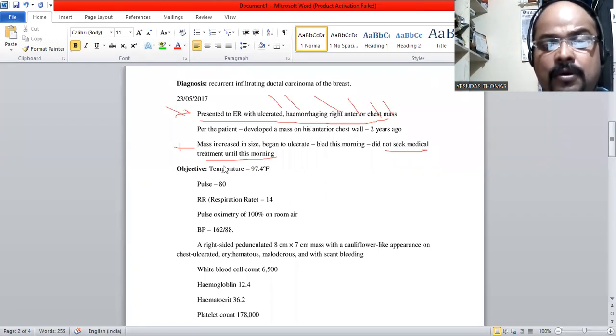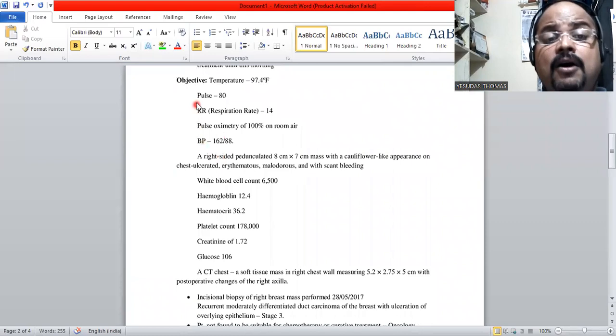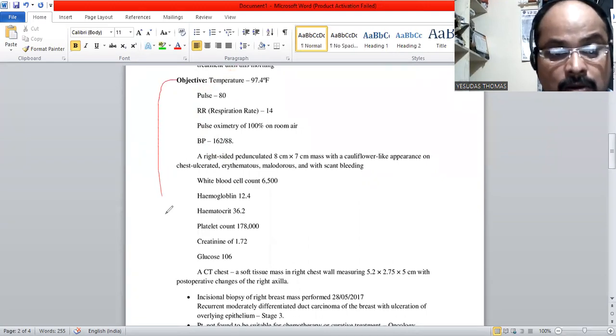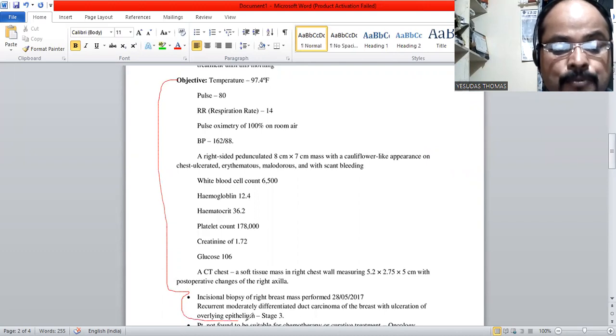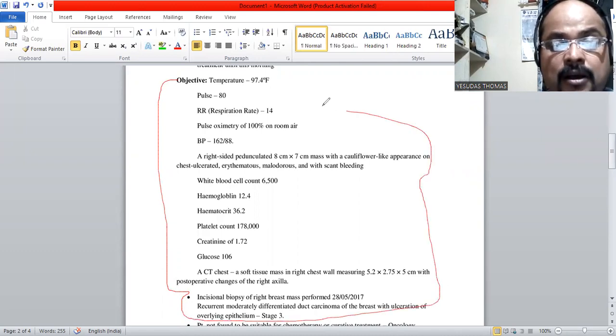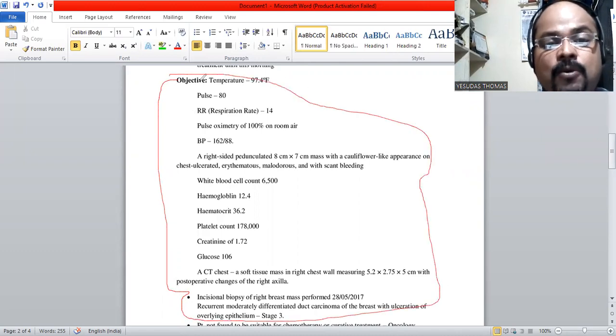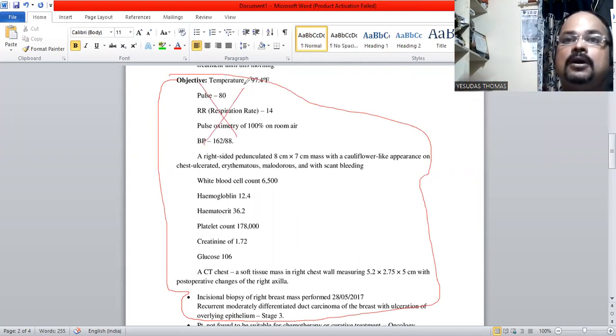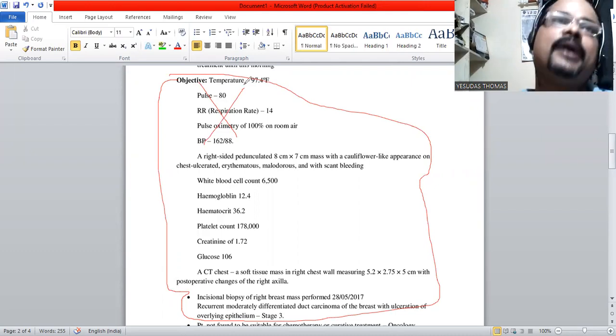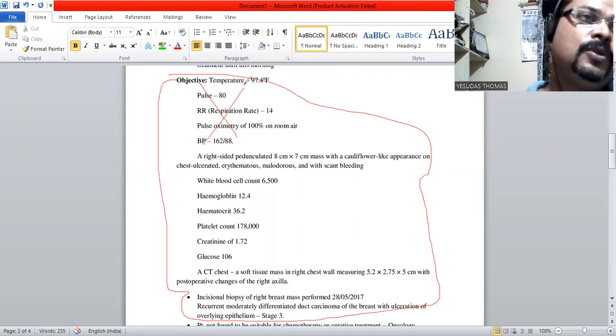Now, we have our investigations and assessment. Up to this point, yes, we have assessment. You have vitals here, which we are not going to give to a long-term carer, a hospice carer, because they are not relevant to the treatment.